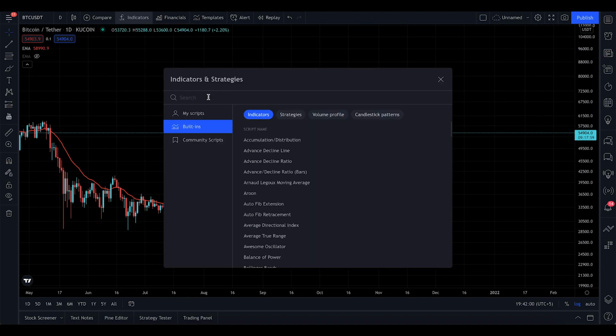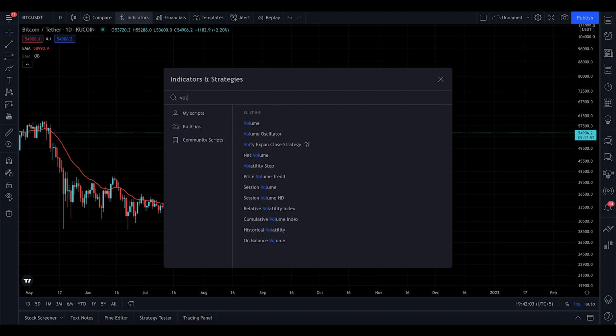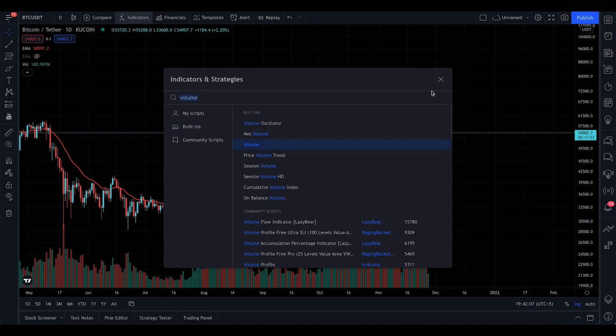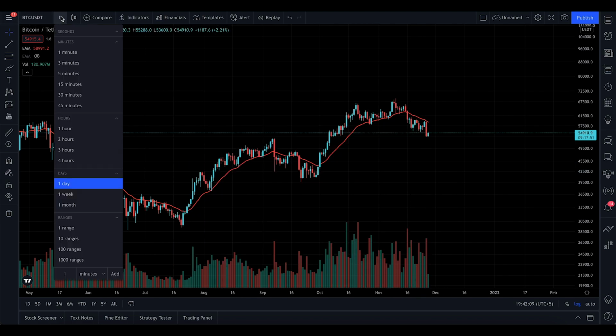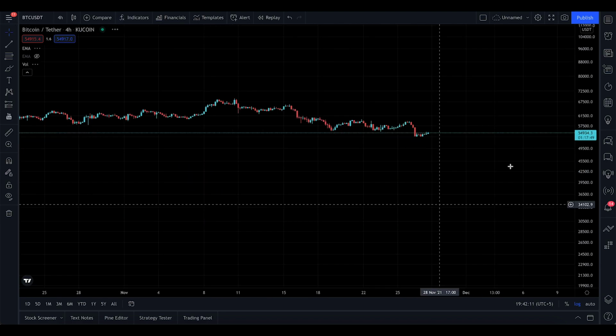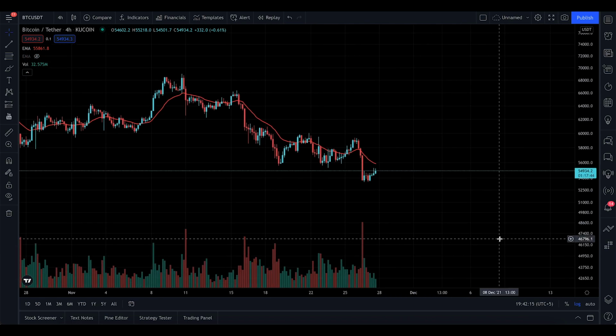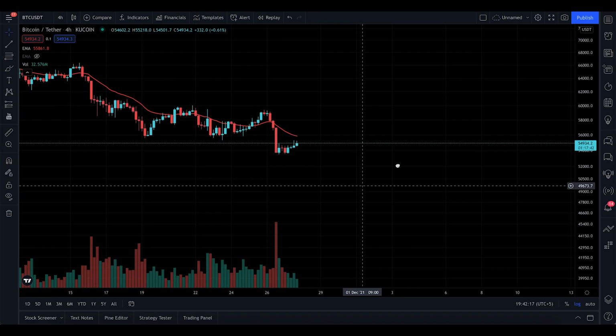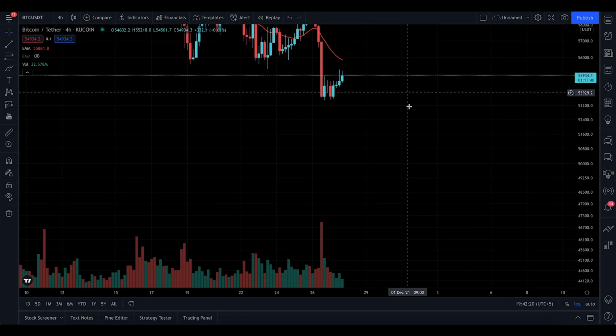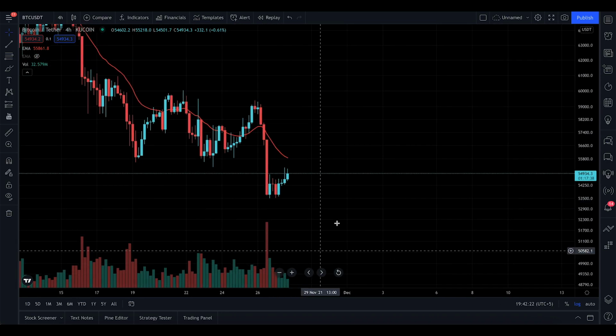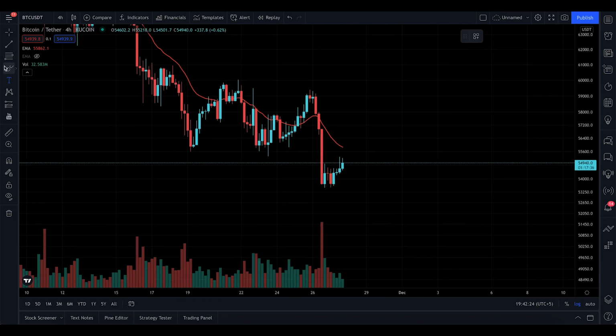I do the experiment. So I'm gonna click on indicators and type in volume, just like that. Click on volume. This is something I was discussing in the Discord as well, and I said that I find the volume a little bit shady. Let me zoom in here. Do you guys know anything about bearish divergences?